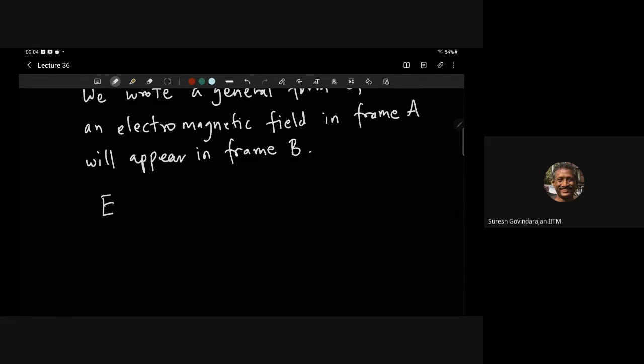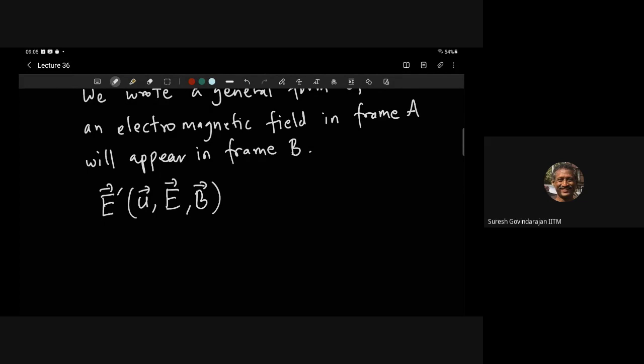So we wanted a formula which will express the electric field as a function of u, E, and B. Remember that nowhere have we said that the electric fields E and B are constant or homogeneous.